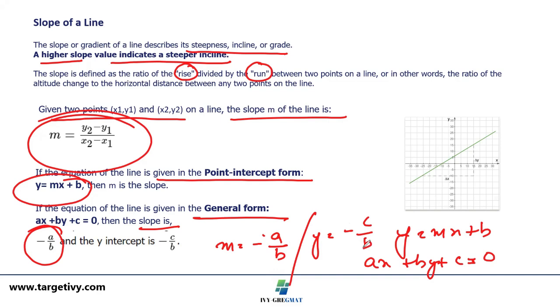The same thing, whatever we learned, we revised. Now the slope and its direction. Obviously, as we saw, it will show us the steepness. Let's see. The slope of the line is m. If m is more than 0, the slope will be called a positive slope.